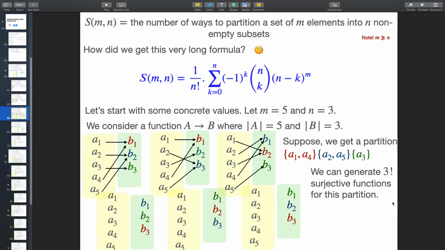So, if we are to ask how many surjective functions can be formed from a set containing 5 elements to a set containing 3 elements, that will just be, in our case, 3 factorial times S of 5, 3, right?